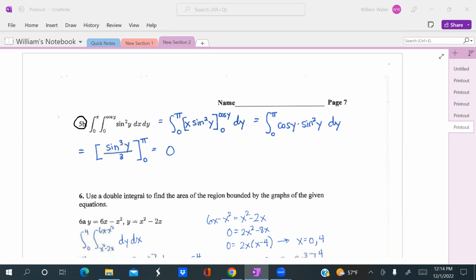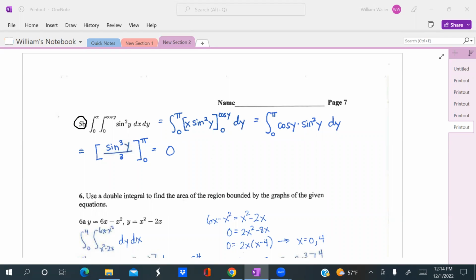All right, so let's start here. Since we're integrating with respect to x, and sine squared y doesn't involve the variable x, then sine squared y is just a constant when we're integrating with respect to x. So it's very easy to integrate this integrand with respect to x. You're just going to treat that as a coefficient for the variable x.